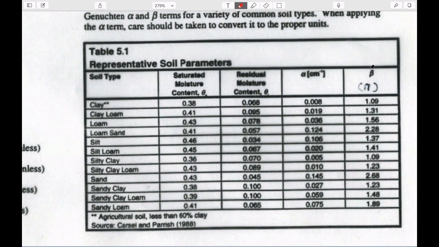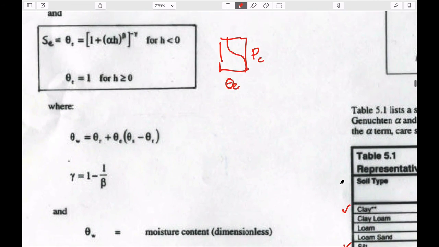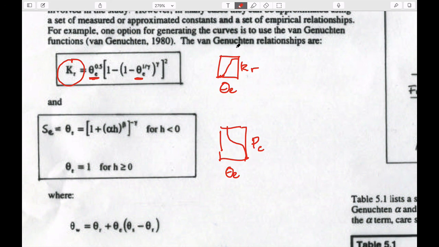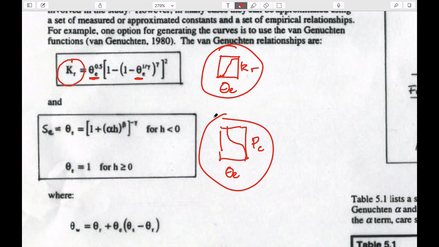It defines a value of n, which is also called beta here. It defines a value of alpha, which we just discussed is equal to 1 over the HC0, the bubbling head, and the magnitudes of the bounding values of moisture contents for these things. So from this information, for any particular material, for a clay, for a silt, for a sand, you have enough information to be able to construct both of these relationships, should you want to. You can make this, or you can make this.